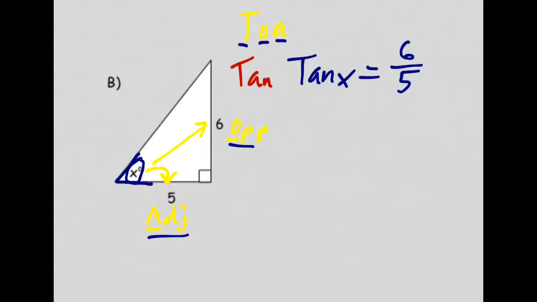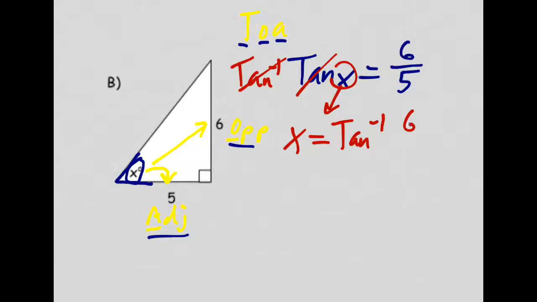Remember, to find my angle, I'm going to take the inverse. Inverse tangent of tangent, they just cross each other out, and I'm just left with my angle measure there. So that's x equals, of course I have to do the same thing on the other side of the equation, the inverse tangent of 6 over 5. And then I just plug that into my calculator.